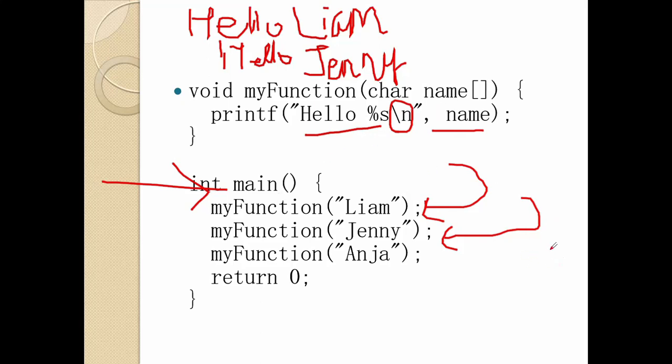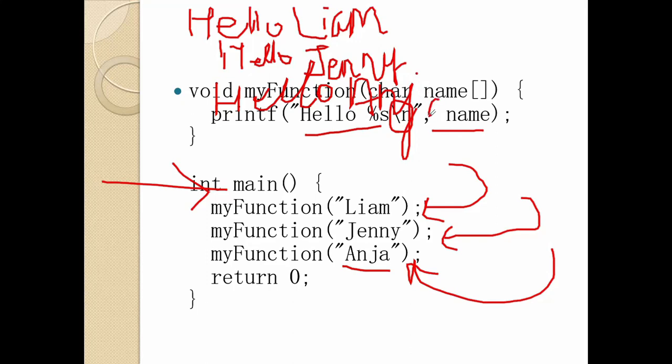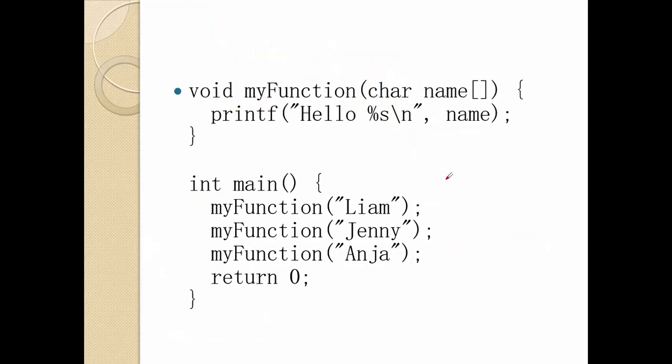And next the function has been called again with the value A and J A. Now this is going to print hello and the same name, A and J A. So this is how the control will flow, and now all the calls have been done, and the main function will terminate. So this is how a parameterized function works.